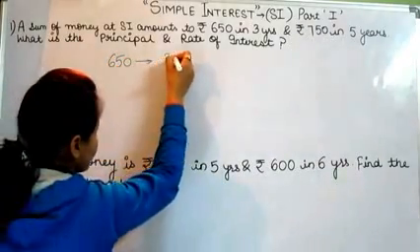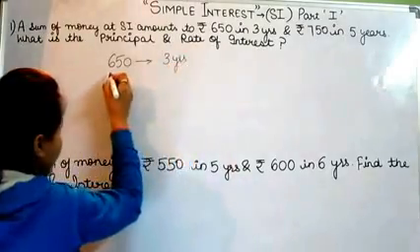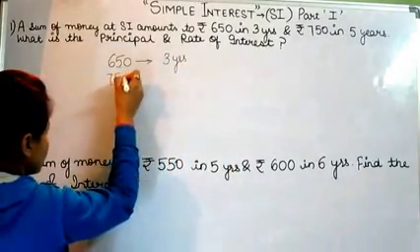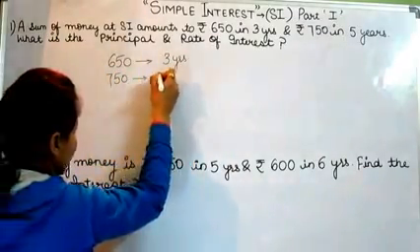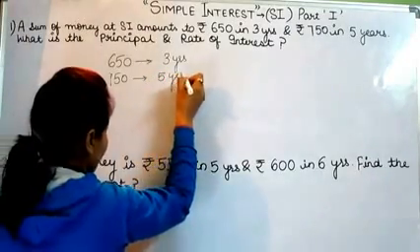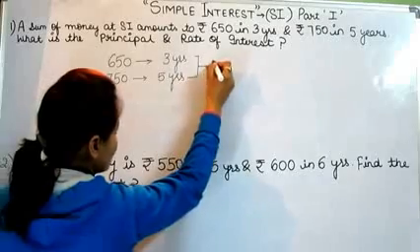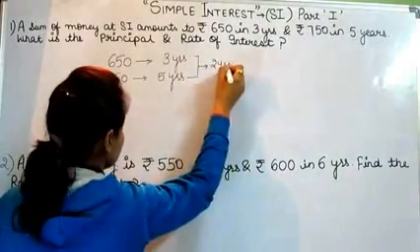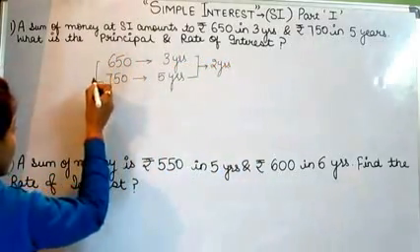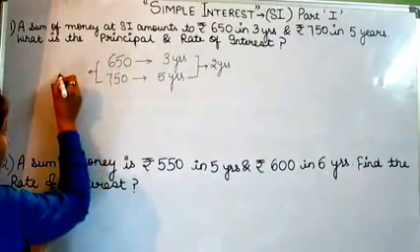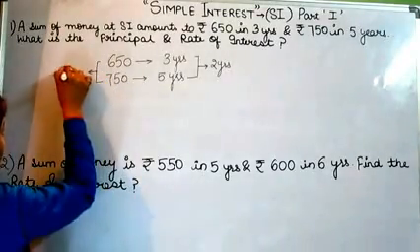650 in 3 years and rupees 750 in 5 years. Alright? Now see the gap between the time. The gap is 2 years and the gap of amount is 100.